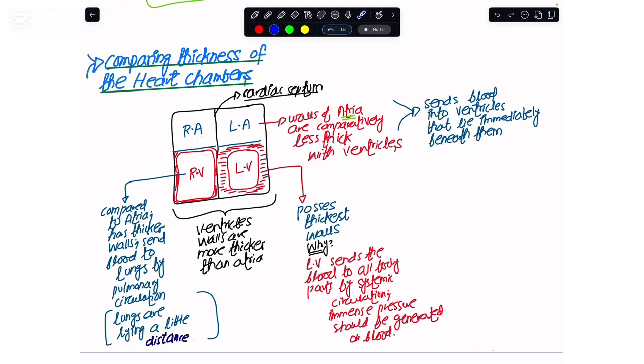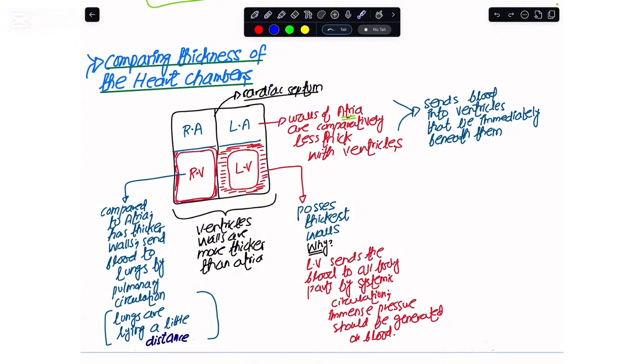If I talk about the right ventricle, why does it have a thicker wall compared to the atria? Because the right ventricle has to send the blood toward the lungs with the help of the pulmonary arteries, and the lungs are a little more at a distance from the right ventricle. That is why the right ventricle needs thicker walls than the atria, since it sends the blood a little more of a distance.